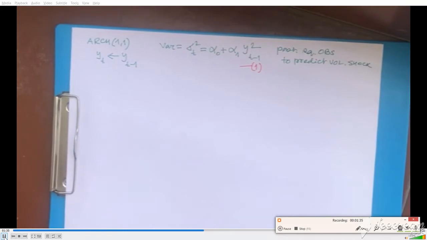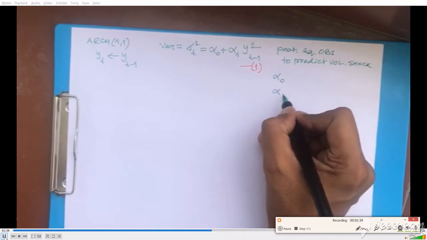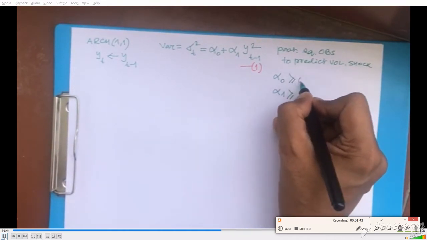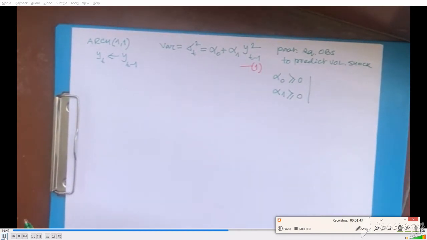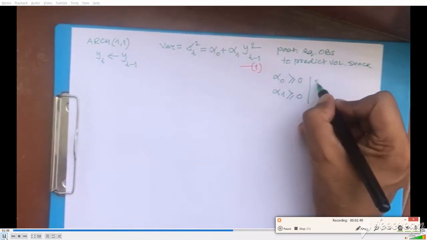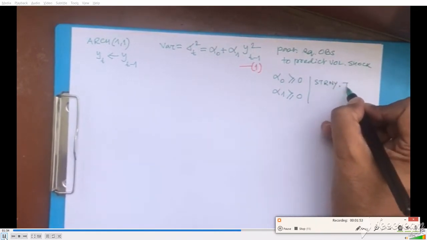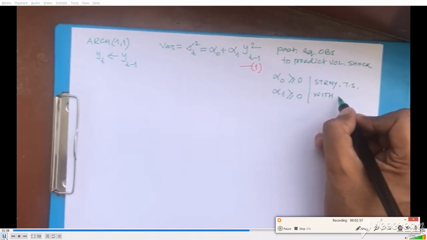Under this equation, alpha 0 and alpha 1, these two should be greater than 0. That's a condition. Also, this should be a stationary time series with zero mean.